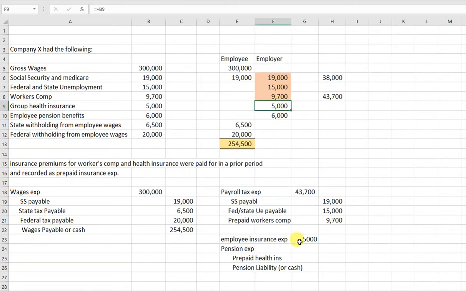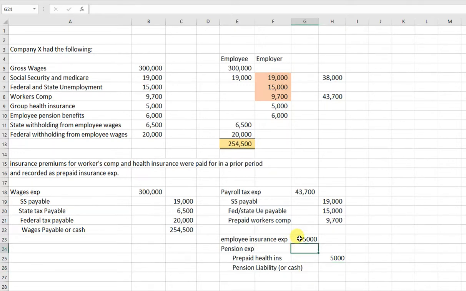I'm still working with this column. So then I'm going to credit the prepaid health insurance. Again, you could do health insurance payable, except that this problem says, like the one in your homework, that it was taken to prepaid health insurance, so I need to take it out of prepaid. Remember, prepaid health insurance was an asset. Now I'm incurring it. I would have debited insurance expense and credited prepaid health insurance, so that's what I'm doing here.